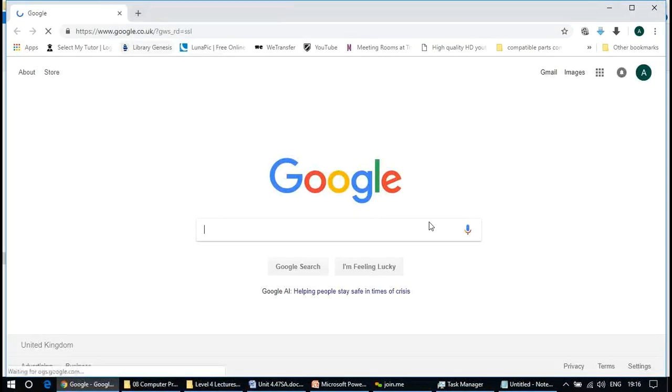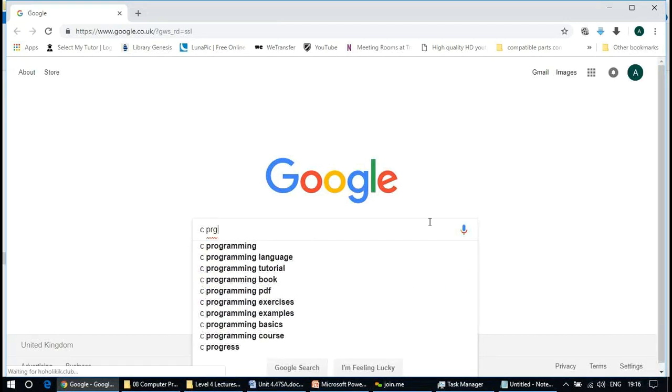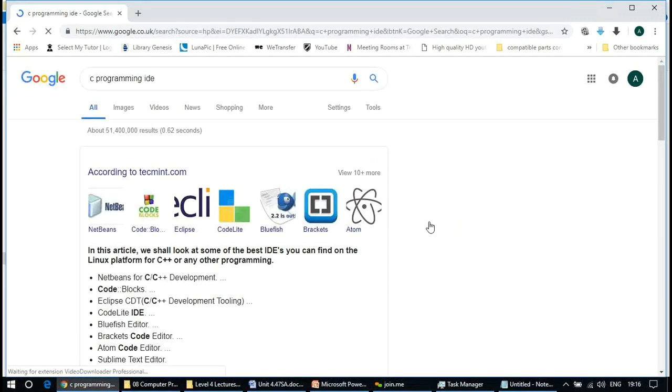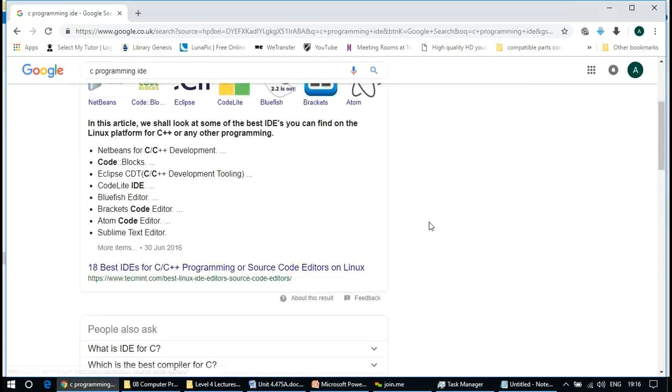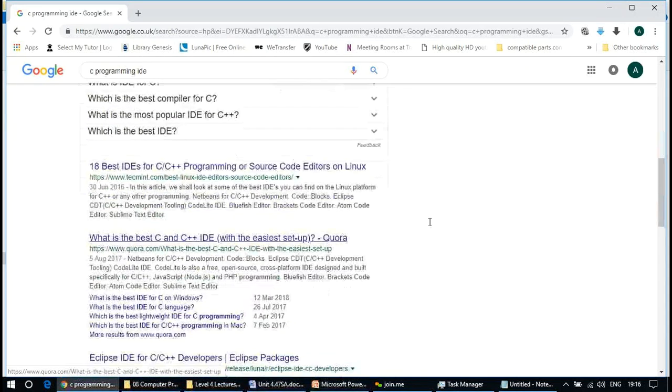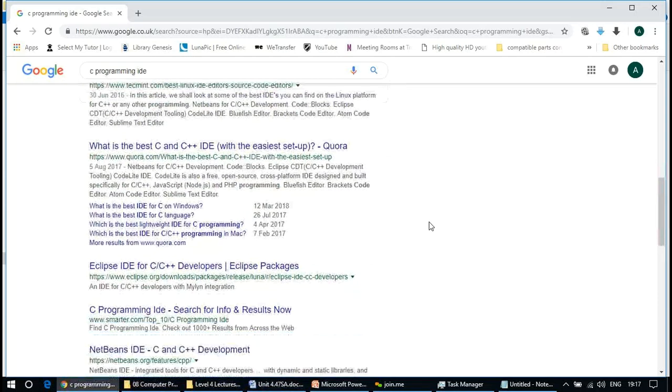So for example, if we say C programming, then you would require the C IDE.